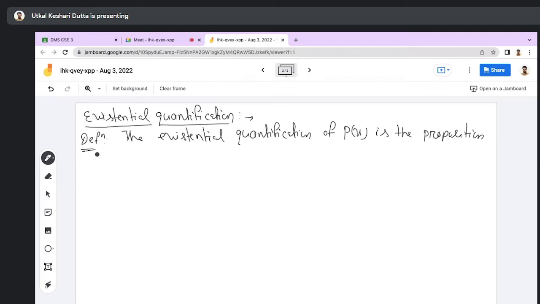What is that proposition? See, that is important. There exists an element in the given domain, or in any domain, such that P of x will be satisfied. The statement: there exists an element in the domain such that P of x will be satisfied.